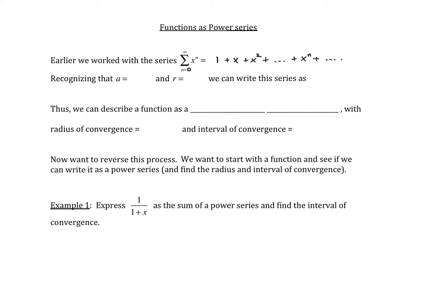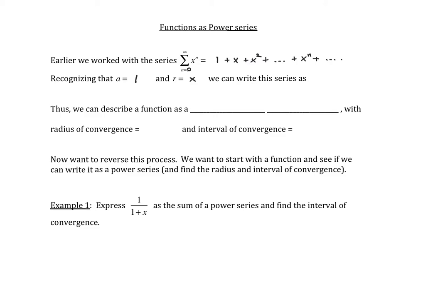And what we had seen earlier was that this series is actually a geometric series. The first term, which we generally call a, is equal to 1. And the way I go from one term to the next is I multiply by x. So that means that our common ratio r is equal to x.